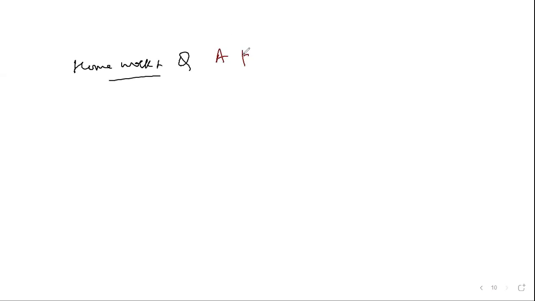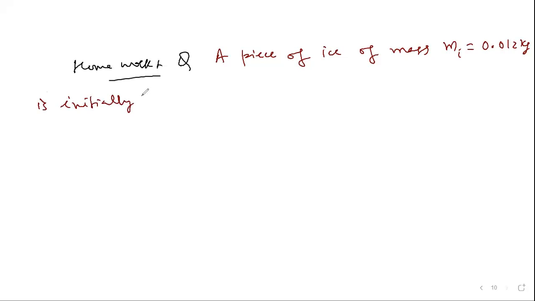Says a piece of ice of mass mi equal to 0.012 kg is initially at a temperature Ti equal to minus 15 degrees Celsius.